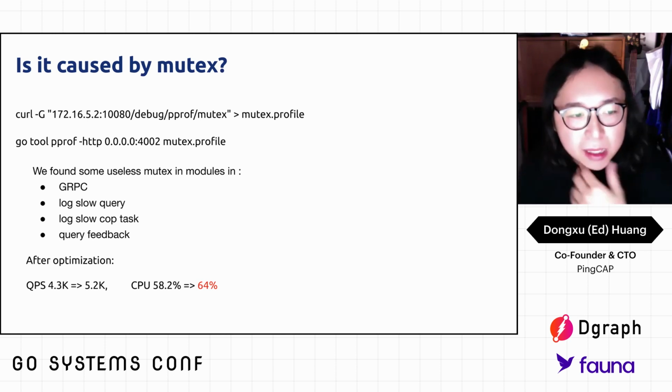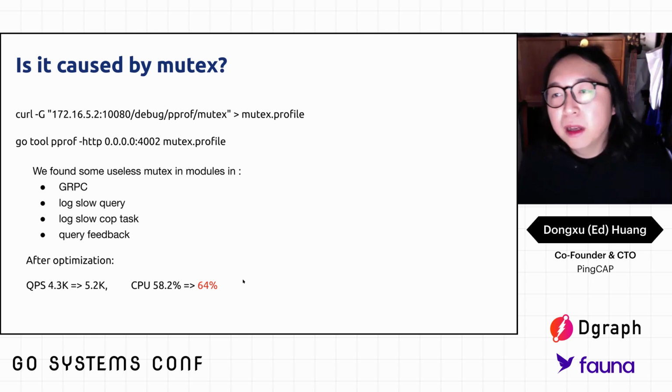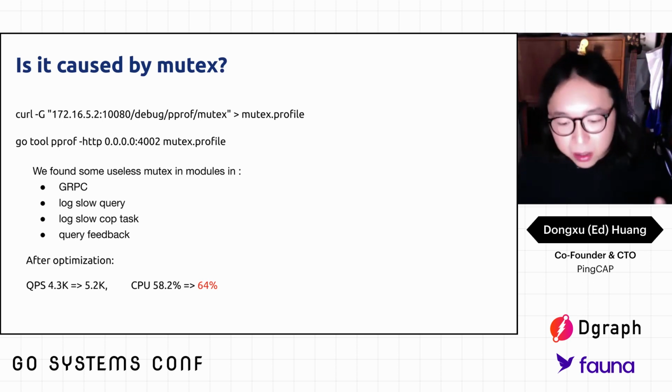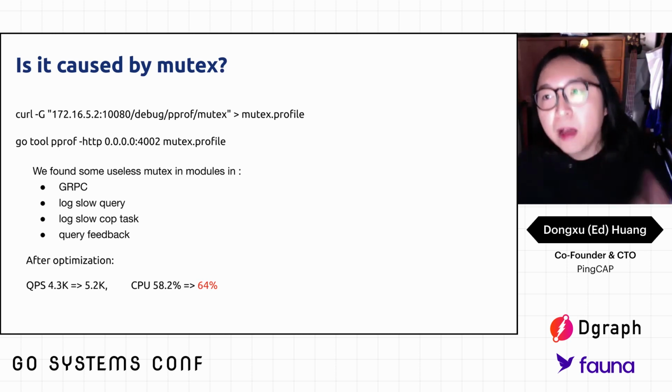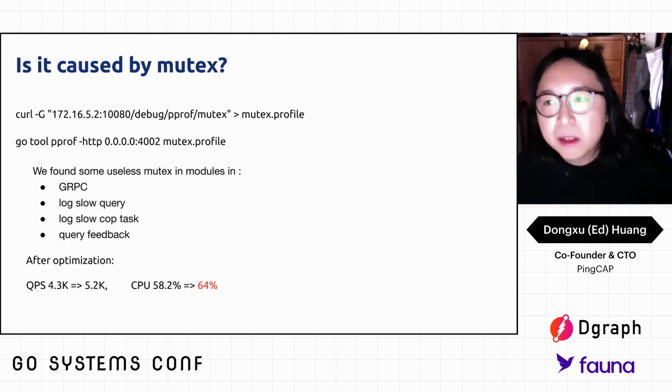After this optimization, the QPS went up and the CPU usage went up. So that means our assumption was correct, but still not enough, right? That only proves that if we optimize the CPU usage of our application, the performance will go up.